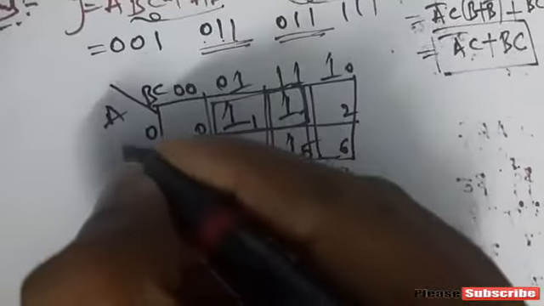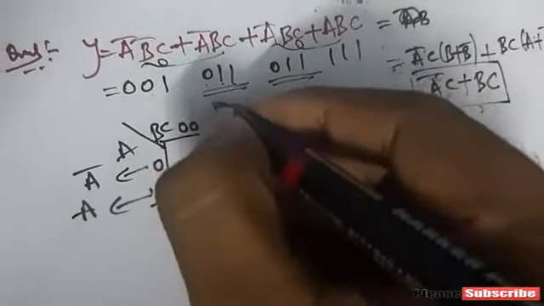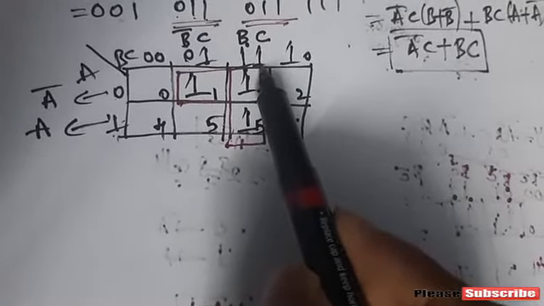Let's check with the shortcut method. This will be the A bar, this will be the A, this will be the B bar C, this will be the B C. Here you can see 0 and 1 are changed. That means B plus B bar is equal to 1. Here 1 and 1 will be the constant. That means C will be the constant.